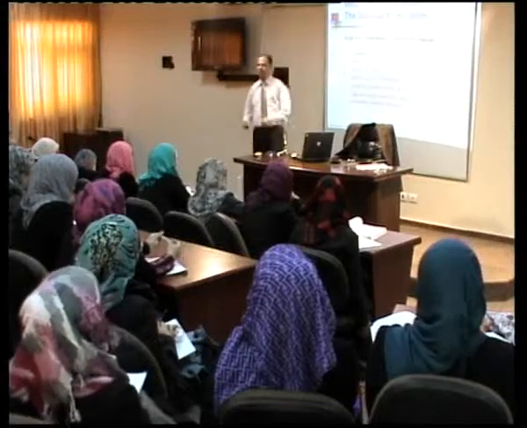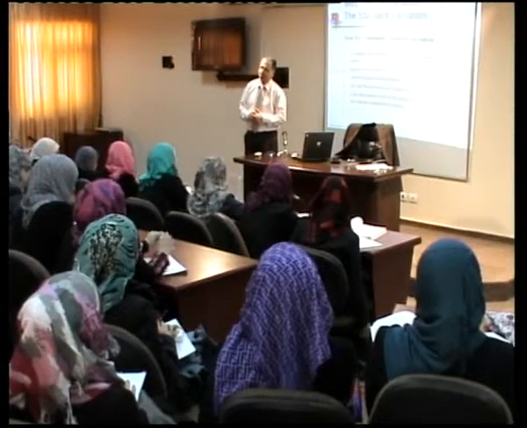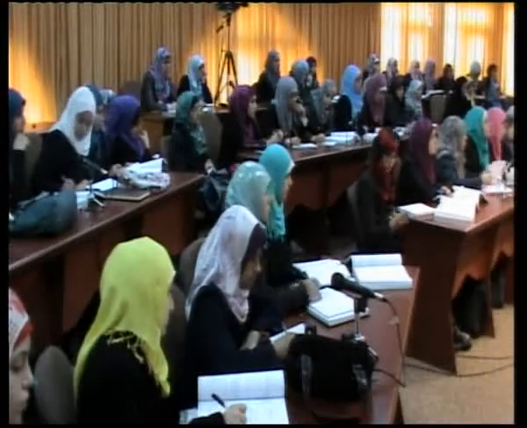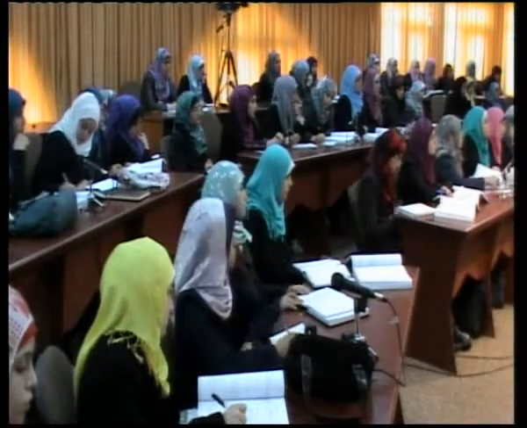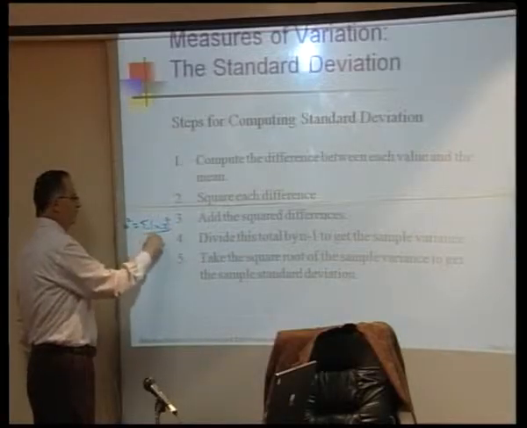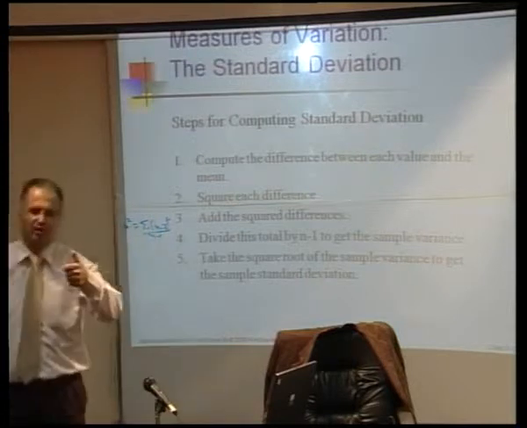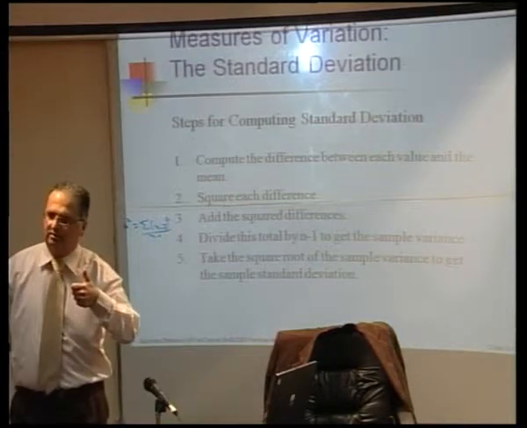Now the question is, how can we compute the sample standard deviation? If you look at the formula carefully, here we have the sum of xi minus x bar squared divided by n minus 1. We have x bar, so that means the first step is to compute the mean.